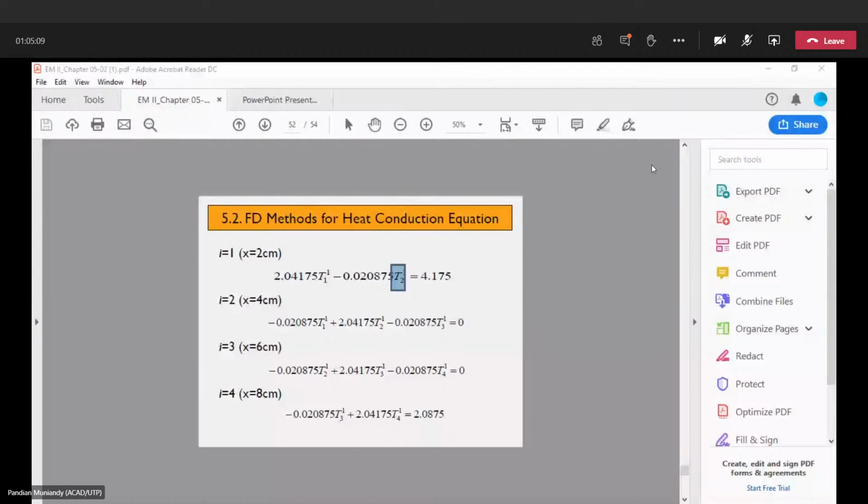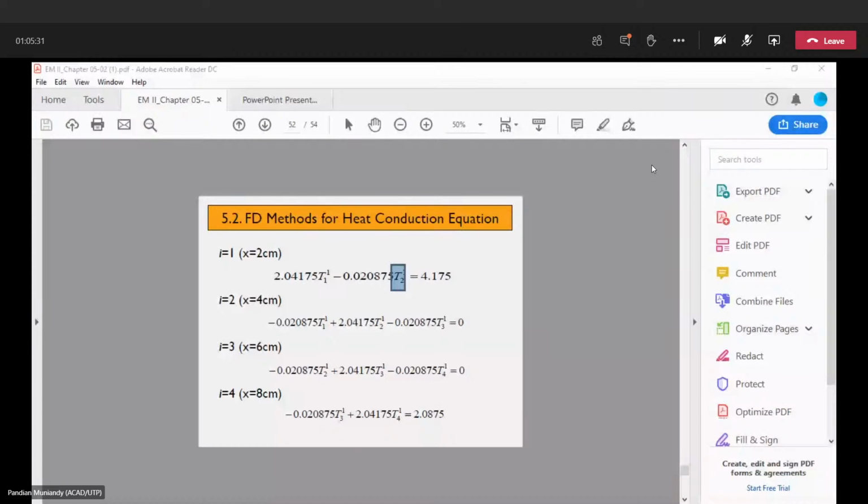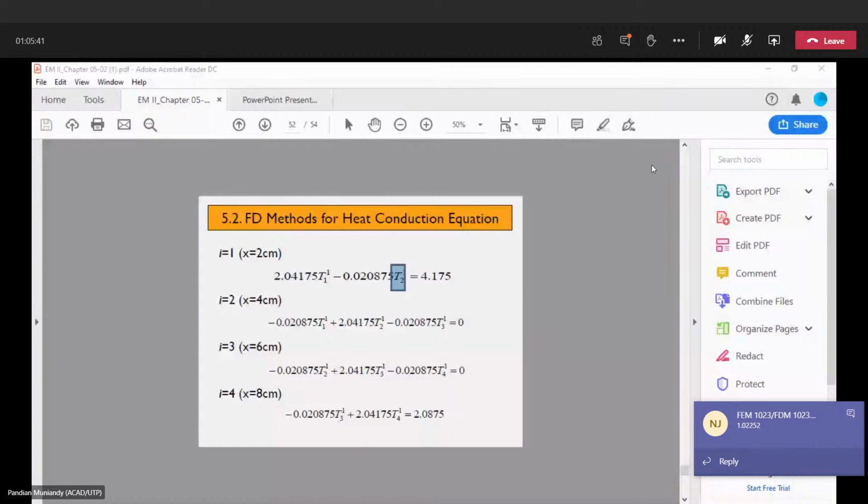Iteration 2, yeah? Zero point... 0.0021. No. No.